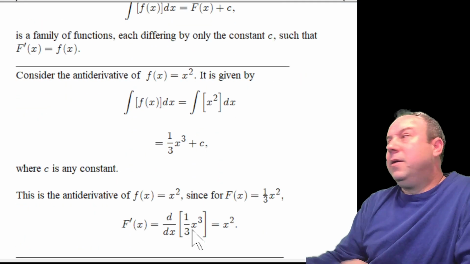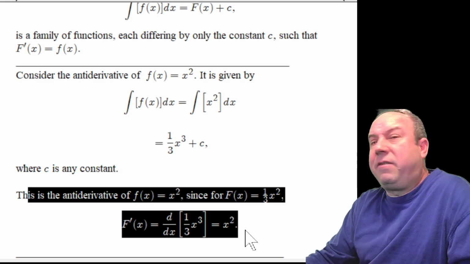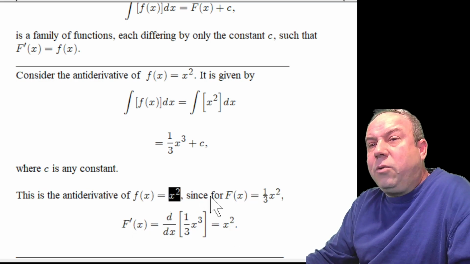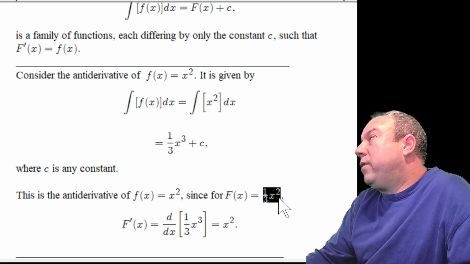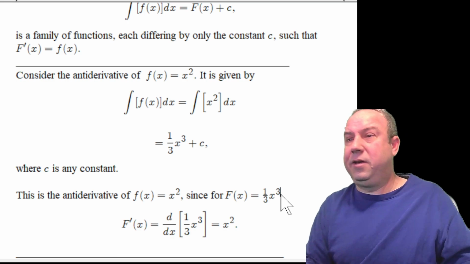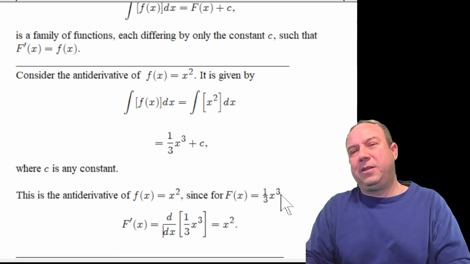As we go on to note, this is the antiderivative of little f of x equal to x squared, since if you take capital F equal to 1/3 x cubed, its first derivative, let me make that adjustment there.